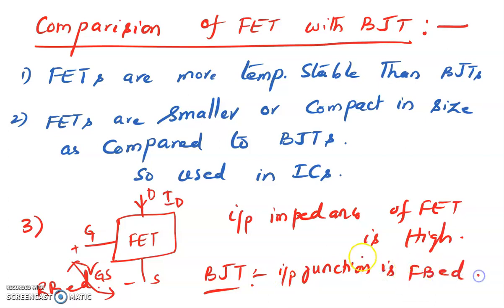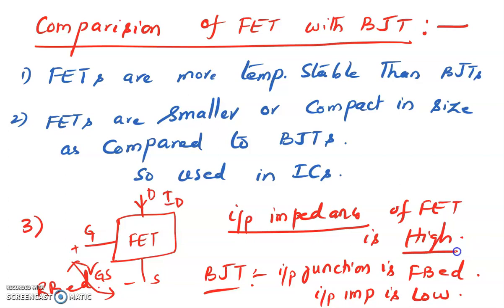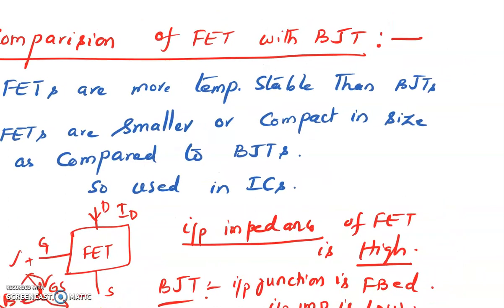If it is forward biased, the input impedance of the BJT is very low. So the input impedance is low in a bipolar junction transistor, whereas in a field effect transistor the input impedance is very high. Why? Because the input voltage is always reverse biased here.